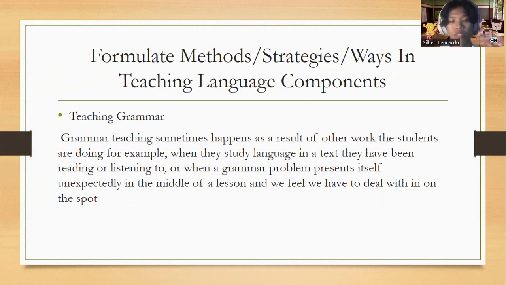So grammar teaching sometimes happens as a result of other work the students are doing. For example, when they study language in a text they have been reading or listening to, or when a grammar problem presents itself unexpectedly in the middle of a lesson and we feel we have to deal with it on the spot.